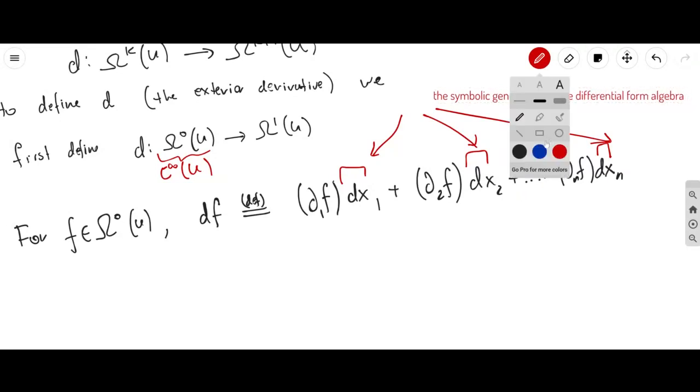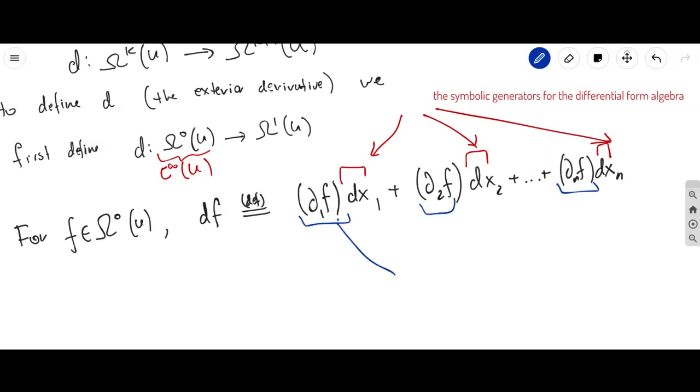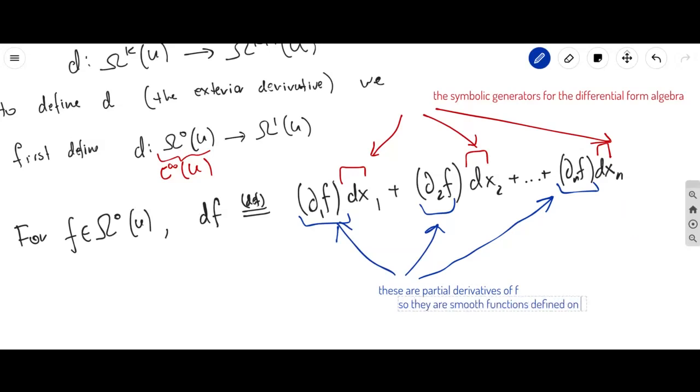Whereas these partial derivatives of f are smooth functions defined on U.